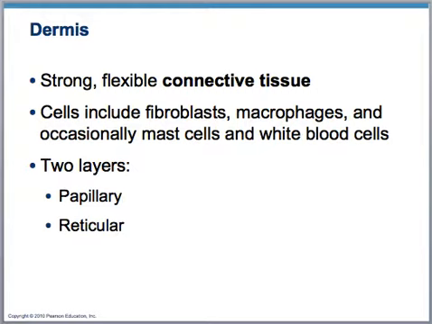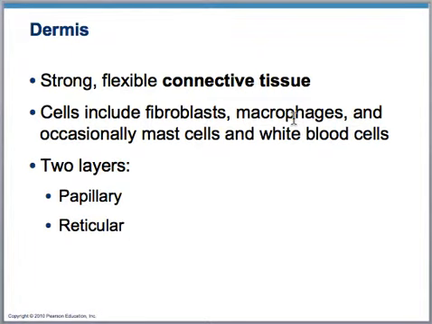Now moving down or deeper into the layers of the skin, we come to our second layer, which is known as the dermis. So the dermis is made up of connective tissue. We talked about this a little bit in our tissue unit as well. The cells include fibroblasts. Remember that suffix blast means a young, immature cell, creating collagenous or elastic or reticular fibers that contribute to the tensile strength and elasticity of that tissue.